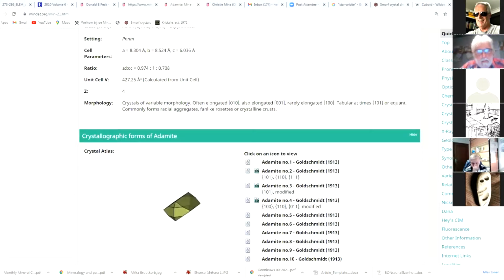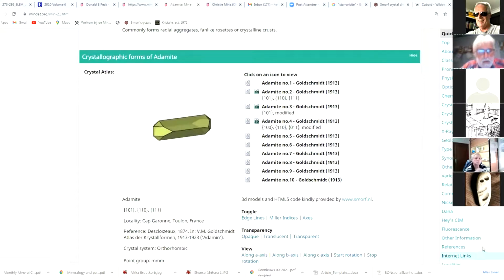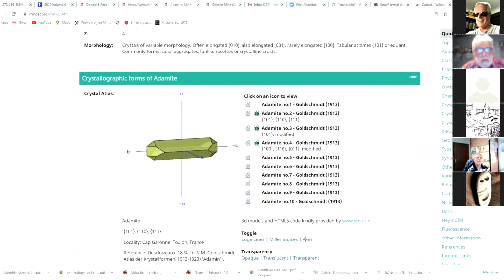You can actually see that right below here, in that crystal drawing that's made by Smorf. If we click on the axis, you will see the B axis. That's the axis of elongation. So this crystal nicely illustrates what we have just read here, often elongated on 0, 1, 0. All right, it says tabular at times 1, 0, 1 or equant.